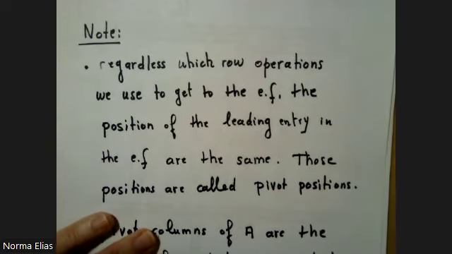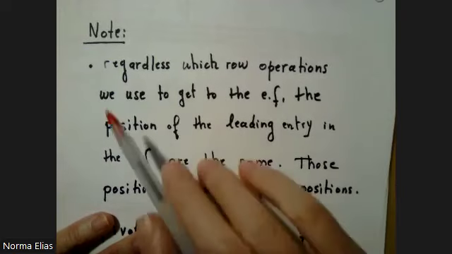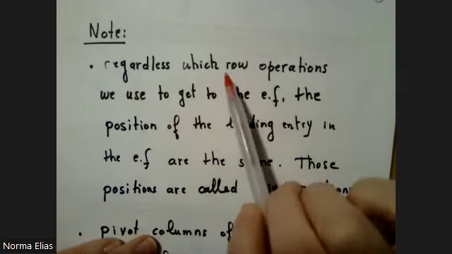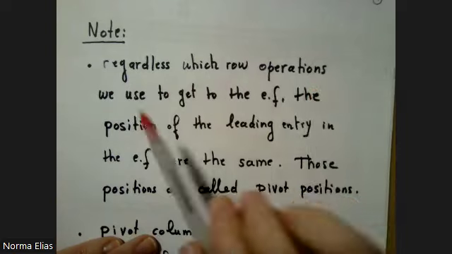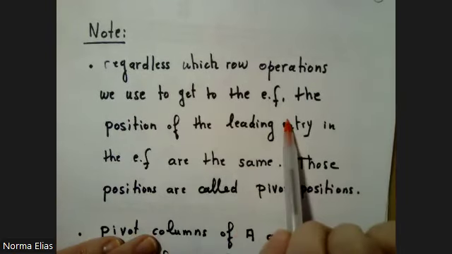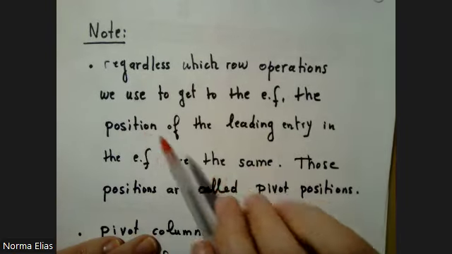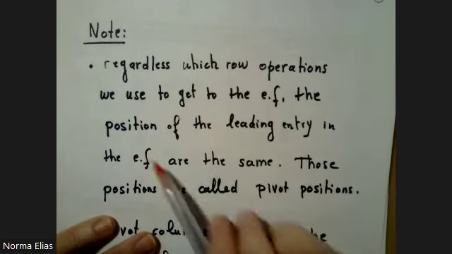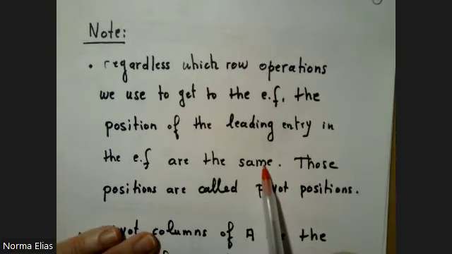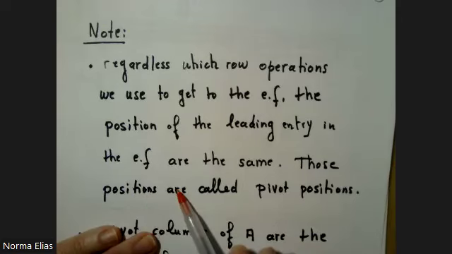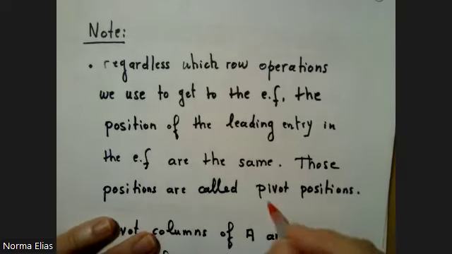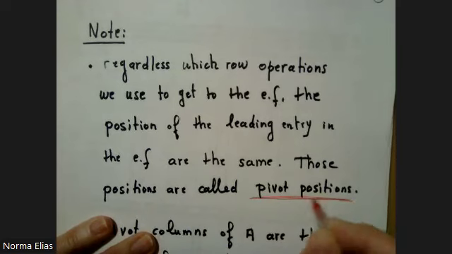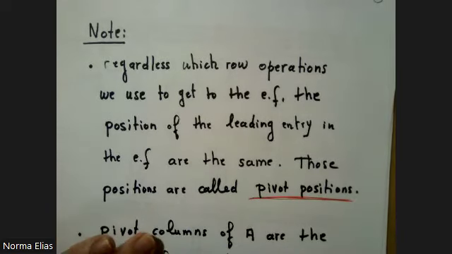But let's see what will be in common among all of us. Regardless of which row operation we use to get to the echelon form, the position of the leading entry in the echelon form will be the same. And those positions are called pivot positions. So you write it down and then I'll explain what I am talking about.